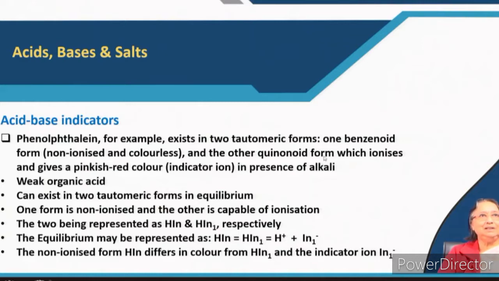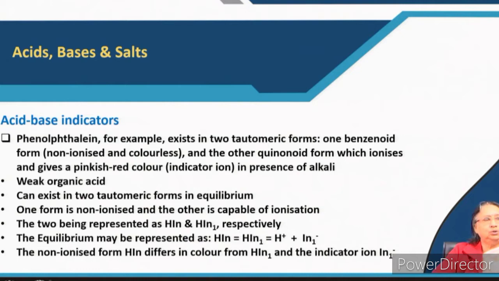Now, I am starting with the indicator phenolphthalein. Before knowing this phenolphthalein, we must see the structure, and we must know what a tautomer is. Okay, tautomer. We know isomer.